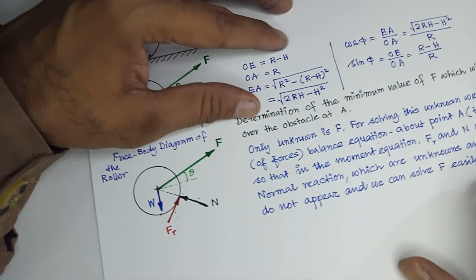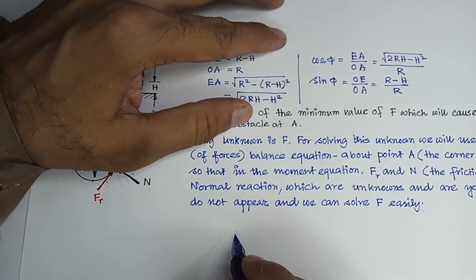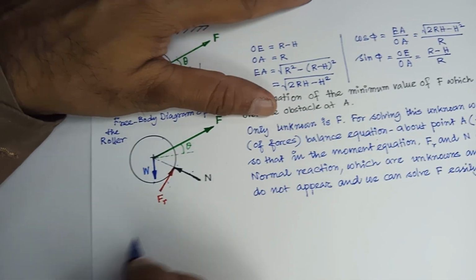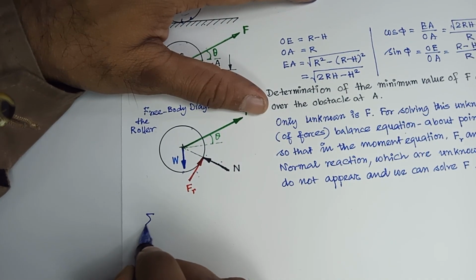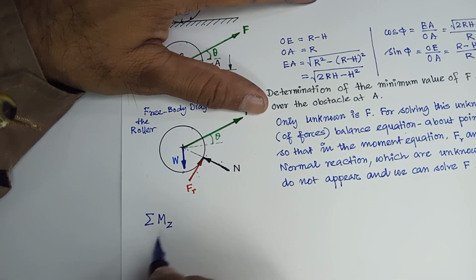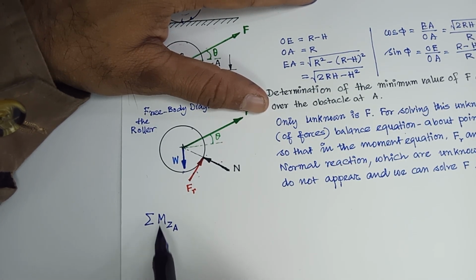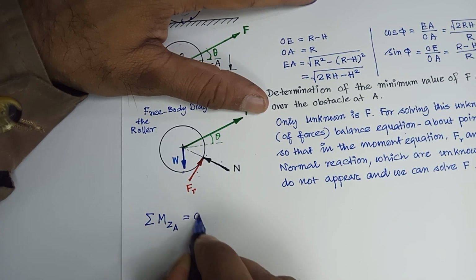Okay. Therefore, if we write the moment balance equation here, what is that? Sum of moment in the z direction about point A. That should be read as: sum of moment of all forces in the z direction about point A is equal to 0.